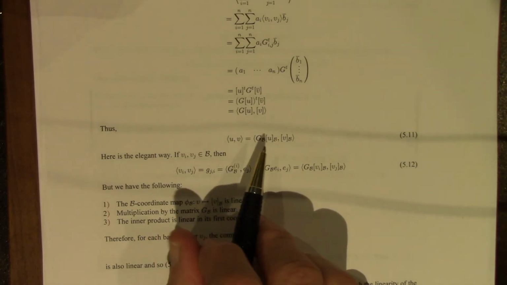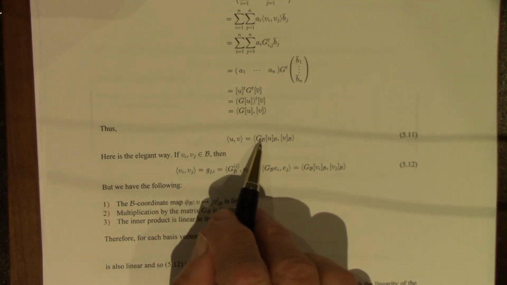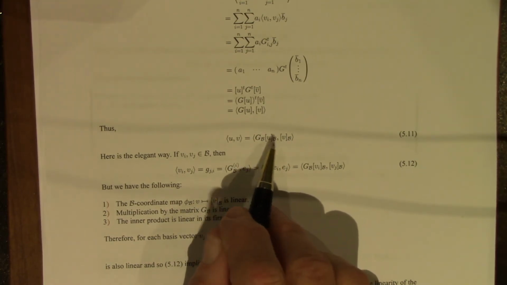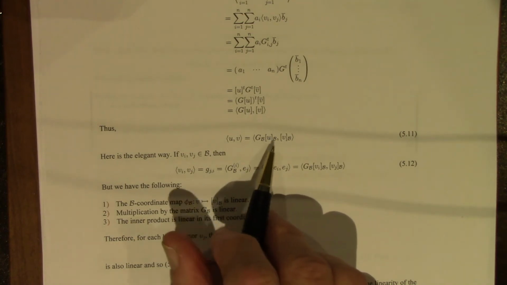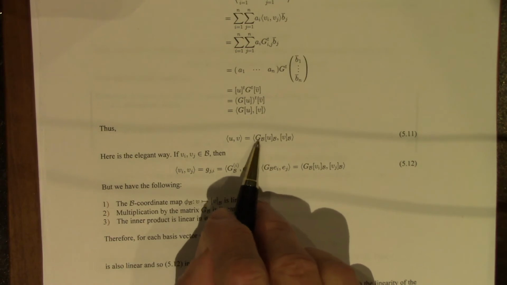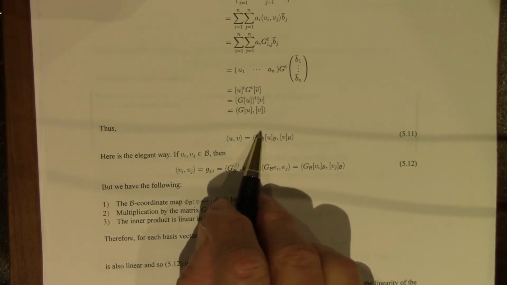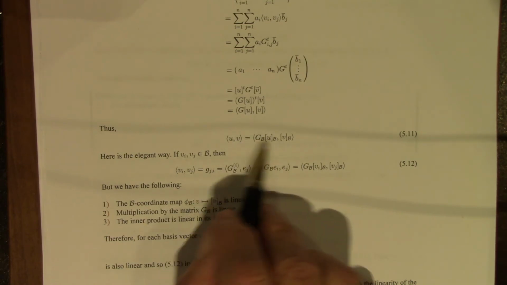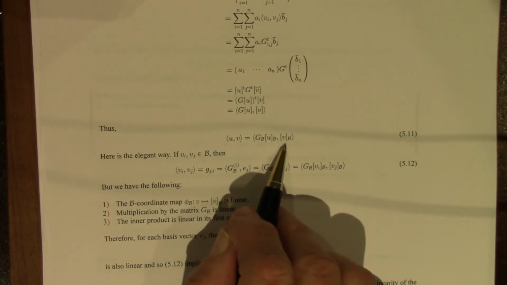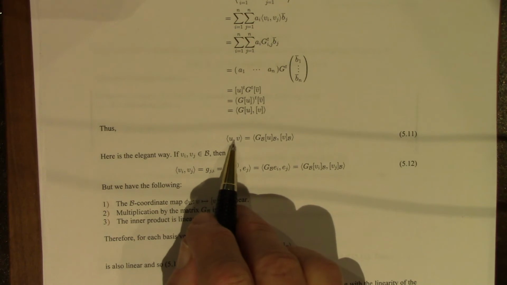This makes sense, at least in the sense that this side is going to have to involve something that comes from the inner product on V. If this matrix wasn't there, as I said before, these couldn't possibly be equal because this would not depend on the inner product on V.